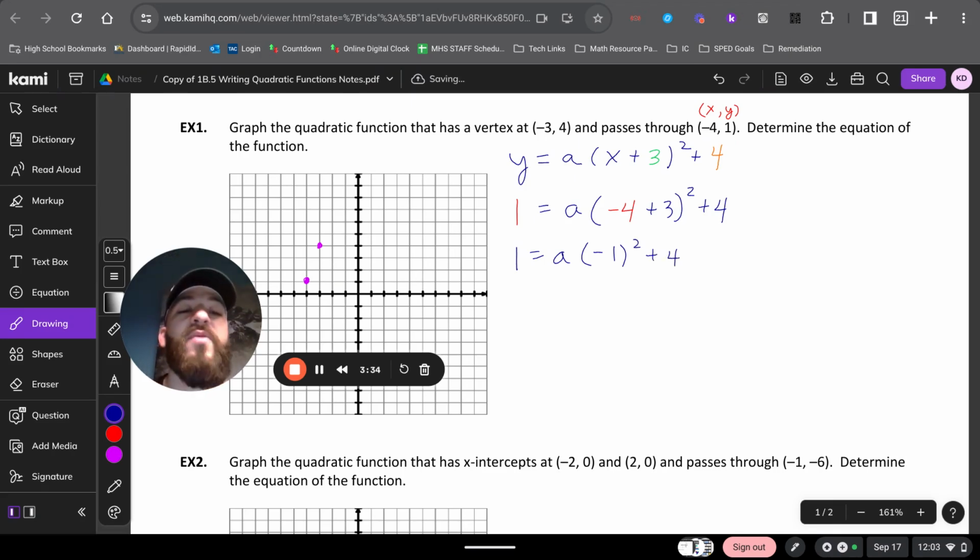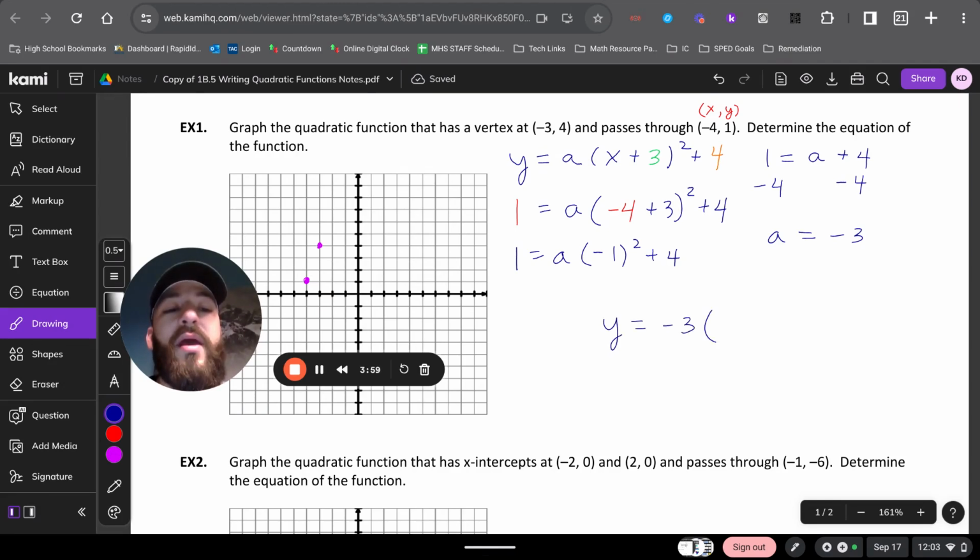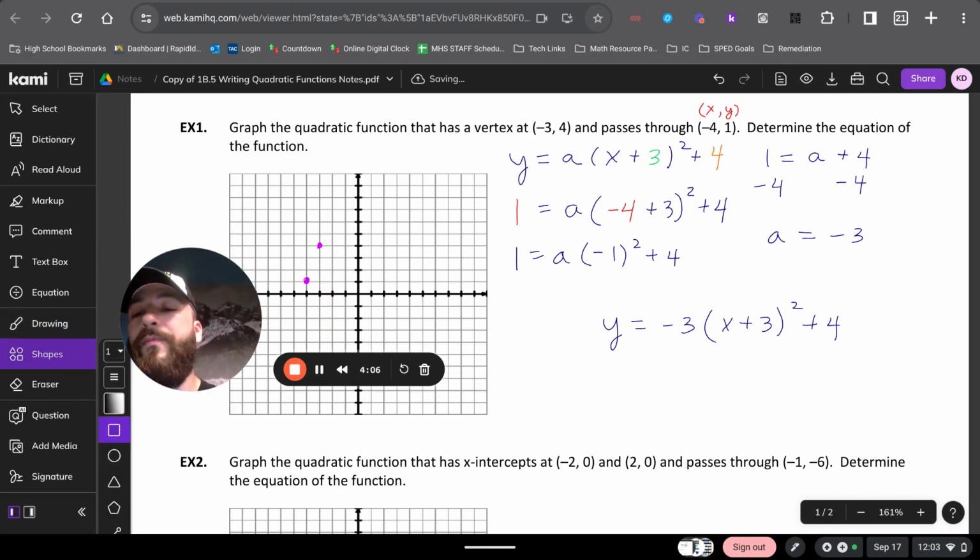From there, -1 squared would give me positive 1. So 1 is equal to a plus 4. Then from there, I can minus 4 and minus 4. So we do get an a value of -3. So now that I know my a value, I have everything I need to go ahead and plug into my equation. So y is equal to -3 times x plus 3 squared, and then plus 4.